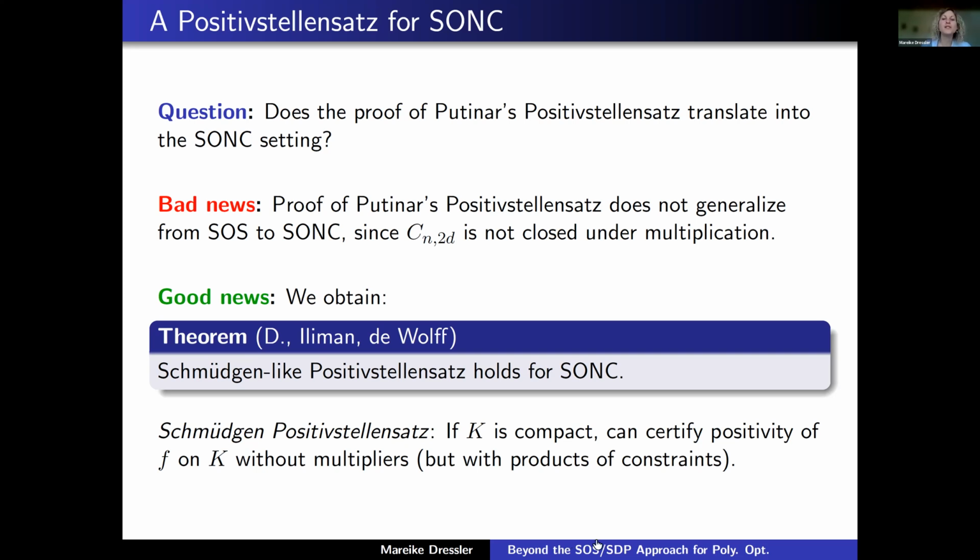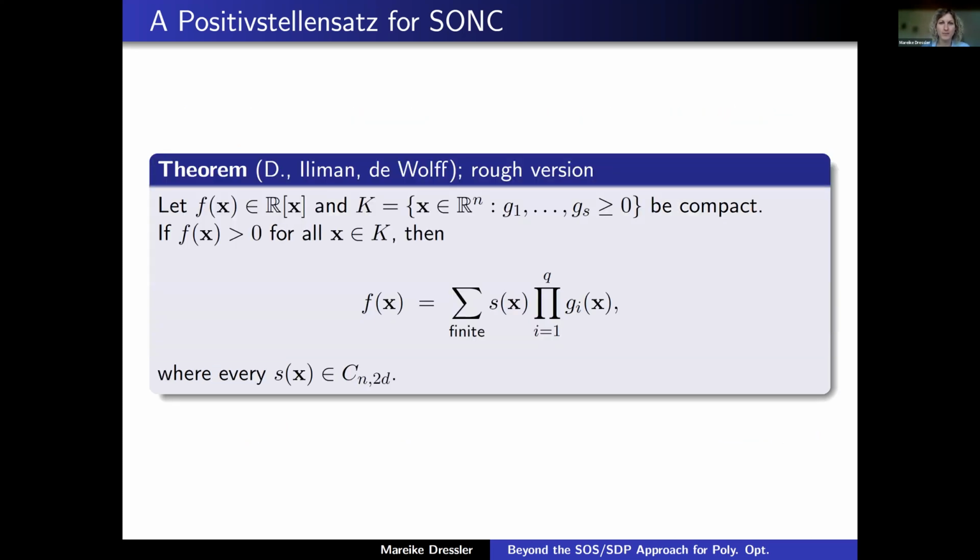So Putinar on top was then without products of constraints, but Schmüdgen has to take the products of constraints. To see this, here is the Positivstellensatz in a very rough version.